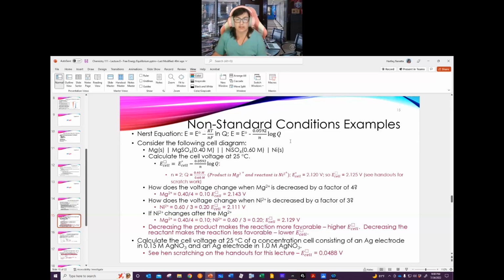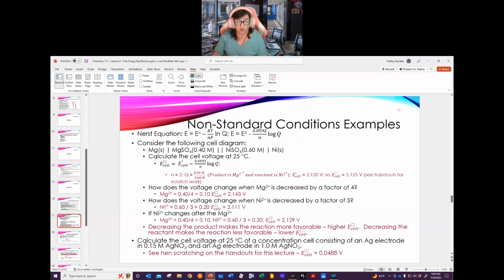So let's take a look at what this looks like in practice. So consider the following cell diagram. I have magnesium solid going to magnesium sulfate at 0.4 molar, connected to NiSO4, 0.6 molar, going to Ni solid. So our two aqueous components are non-standard.